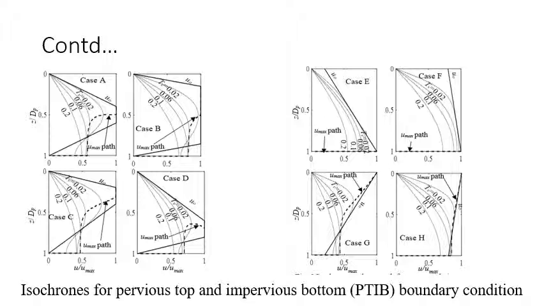For the pervious top and impervious bottom boundary condition, we can observe that the Umax path ends at the bottom of the consolidating layer. There is also some redistribution of pore water pressure depending upon the shape of the initial excess pore water pressure.